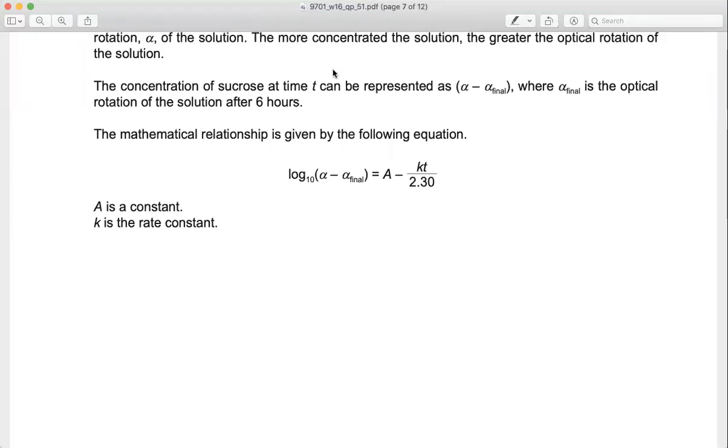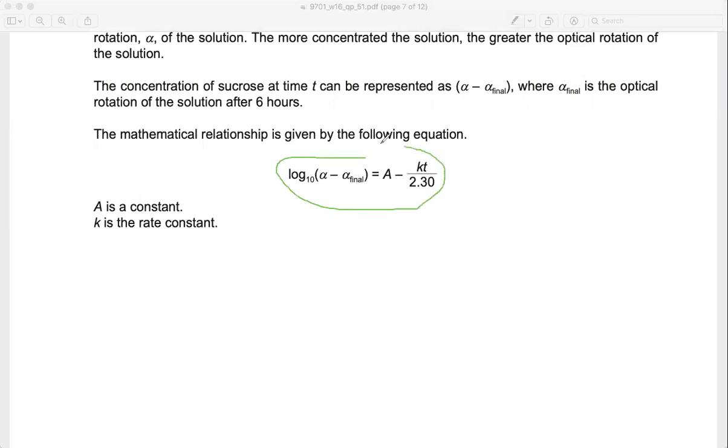I got disconnected. Okay, so then the expression is this form. Okay, log alpha minus alpha final is actually your y-axis, and then your x-axis is t. Okay, so that's your x-axis, right?